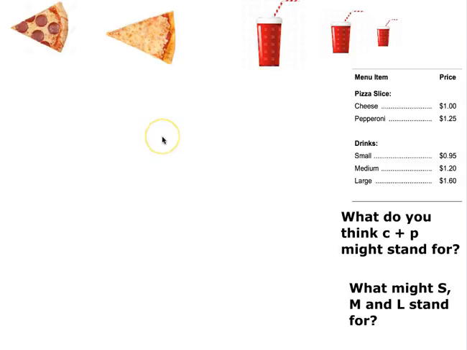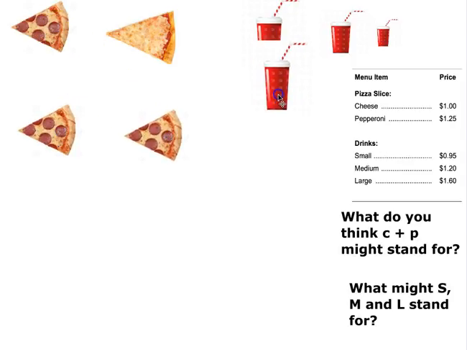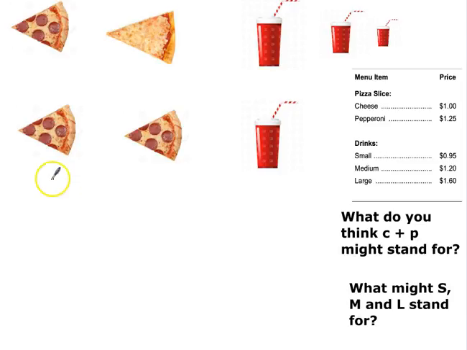And then I want you to write the variables that would stand for the menu items that I'm going to put down here. So for example, if I did this, we said the pepperoni pizza, we're going to let P represent that.